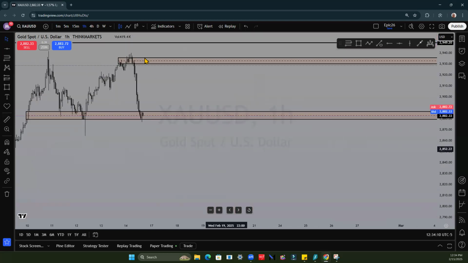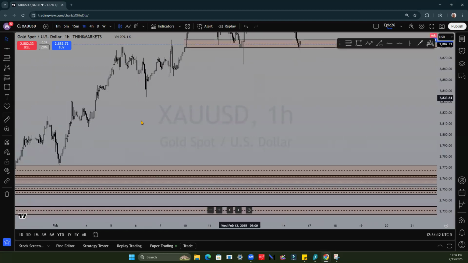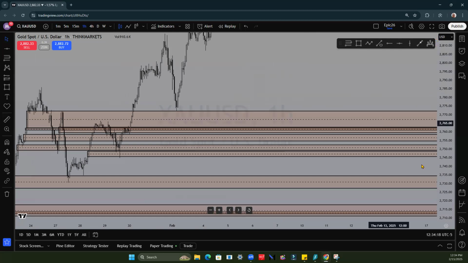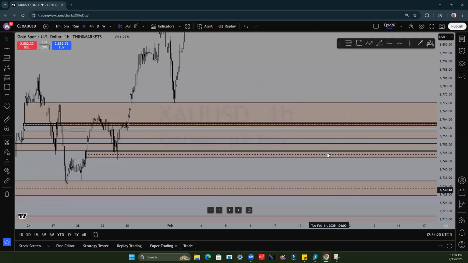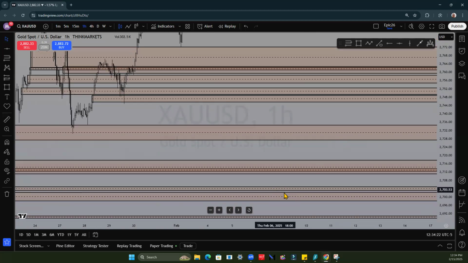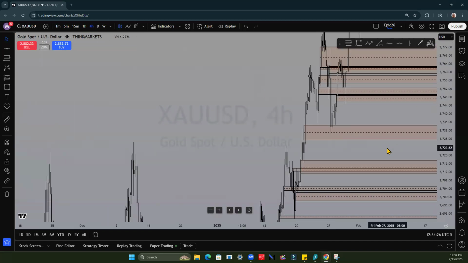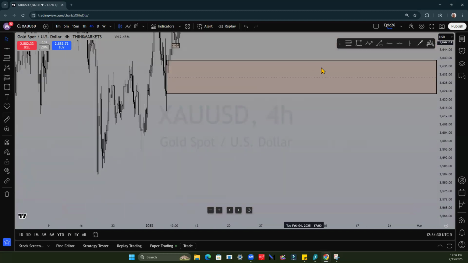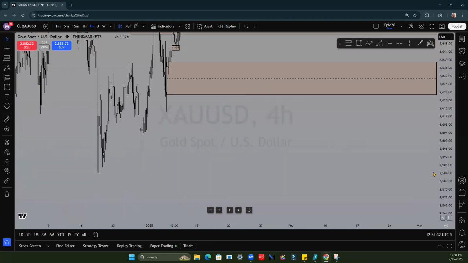So, you can wait for the market to come down and fill all these gaps and then hit your demand zone, which we marked off, which is way down here, okay? Okay, it's way down there.